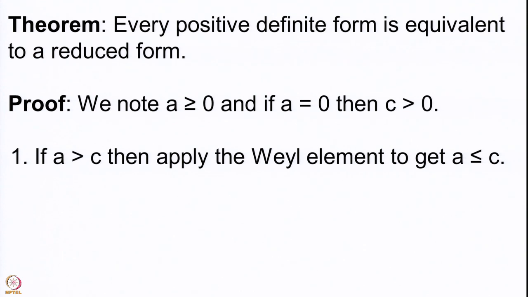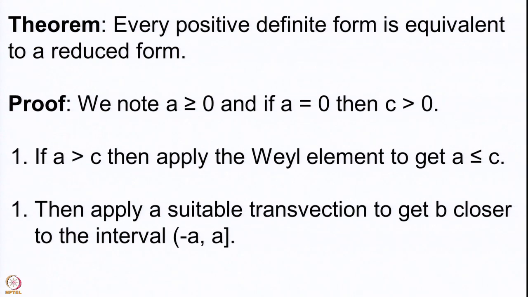If A is bigger than C, then we apply the Weyl element, which will change B to minus B, but it will give you that now A is less than C. So, we apply the Weyl element to switch the places of A and C, so that the new coefficient of x square, the new A, is now less than or equal to the new C. So, the conditions on A and C are now satisfied.